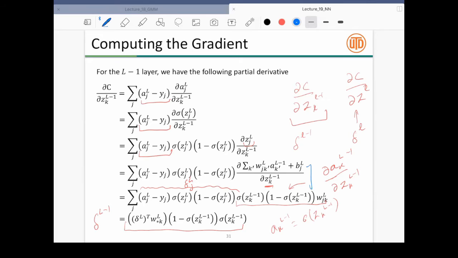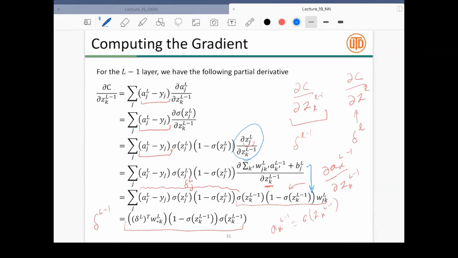From here you get this because you're taking the gradient with respect to L. At layer you're computing this term, which is the gradient of ZL with respect to ZL minus 1.